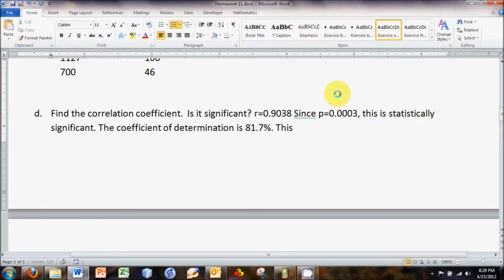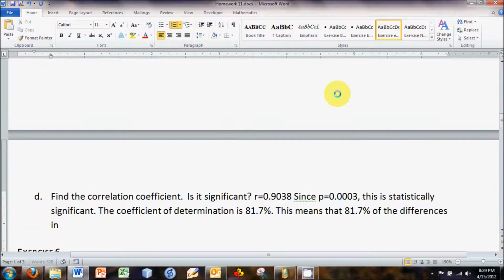Now, this means that about 81.7% of the differences in the heights of the buildings can be explained by the differences in the number of stories.